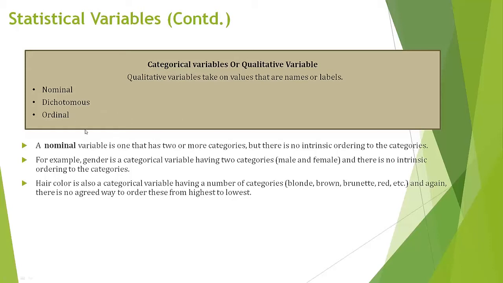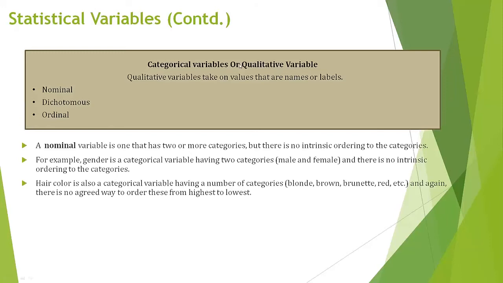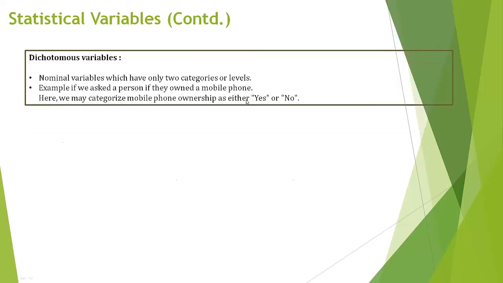What is a dichotomous variable? Ordinal we have seen. Dichotomous variables are also categorical variables. Categorical in the sense qualitative variable. When I say qualitative, it is also called categorical variables. Dichotomous is a categorical variable which has only two categories: yes, no, up, down, on, off, things like that.